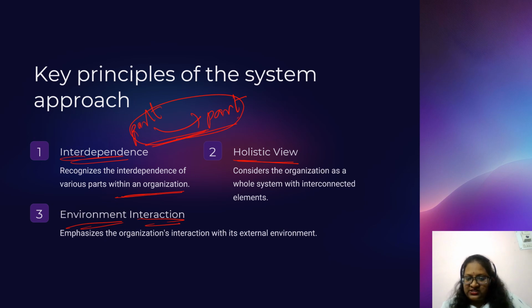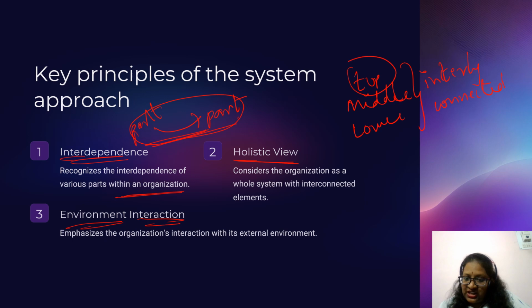Holistic view considers the organization as a whole system with interconnected elements. As I said, there are three levels of management: the top level, middle level, and lower level. All three are interconnected and interdependent on each other.